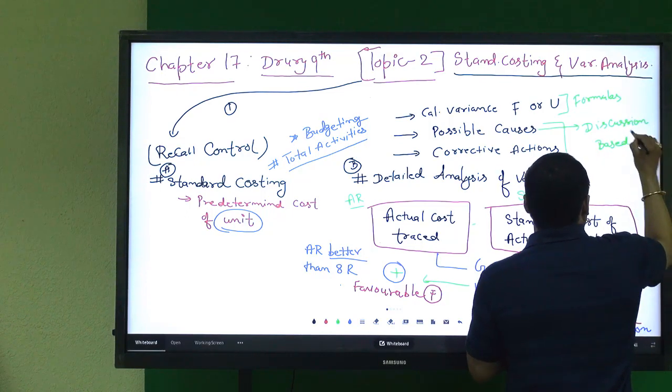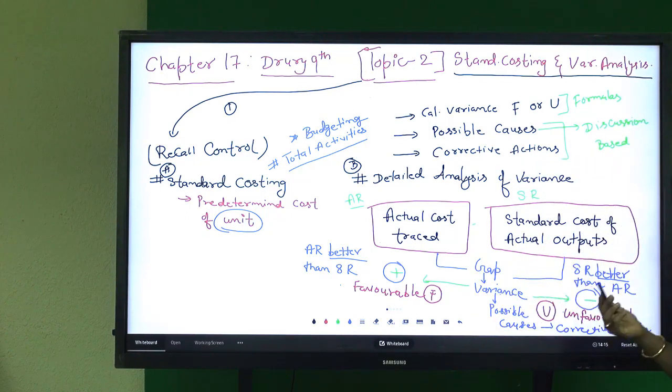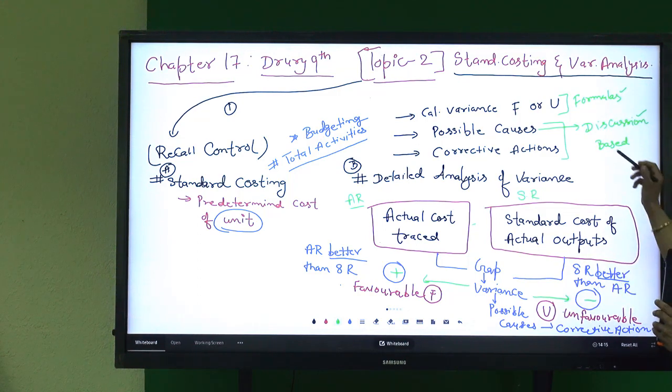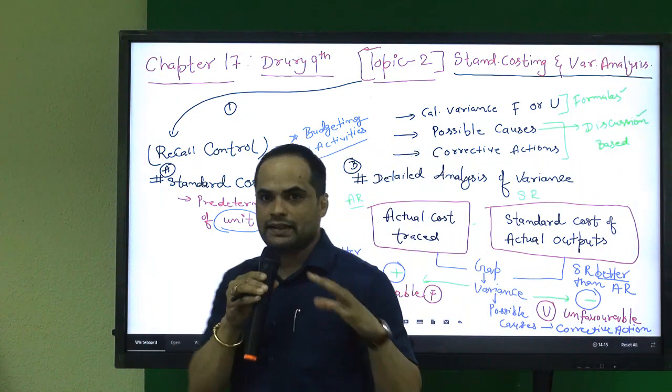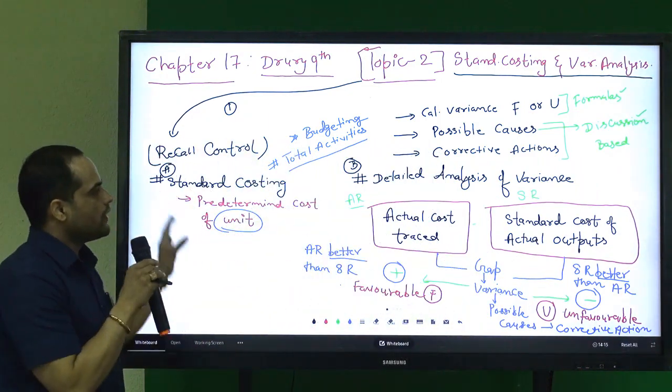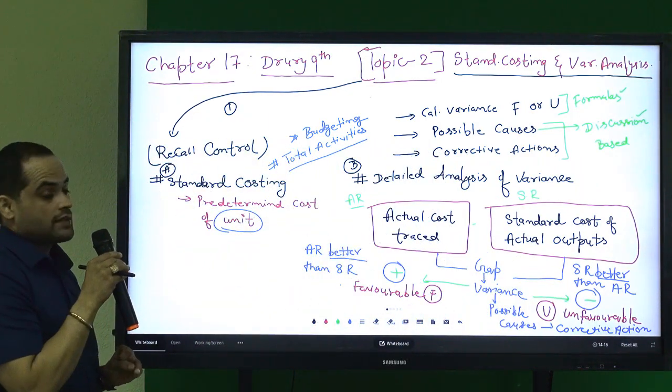As I explained in the previous lecture, your final exam will have calculations and discussions. At the end of the lecture, you will understand this discussion-based part in much more detail. So those are the basic ideas behind standard costing and variance analysis, which you will learn in this topic.